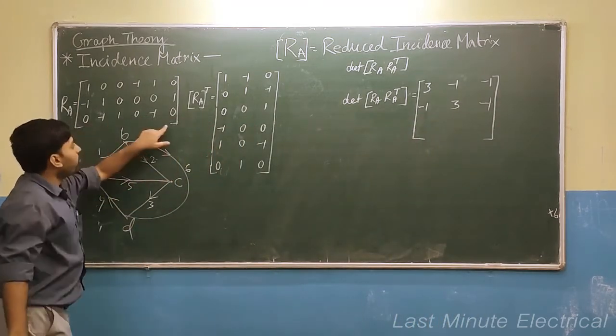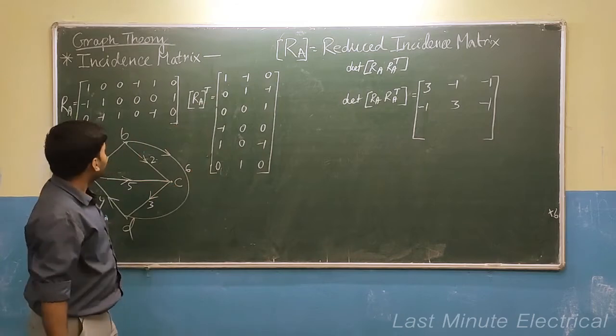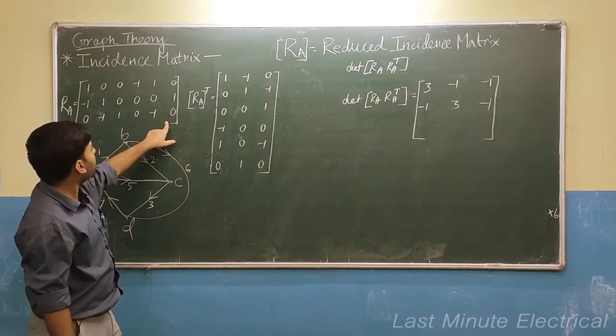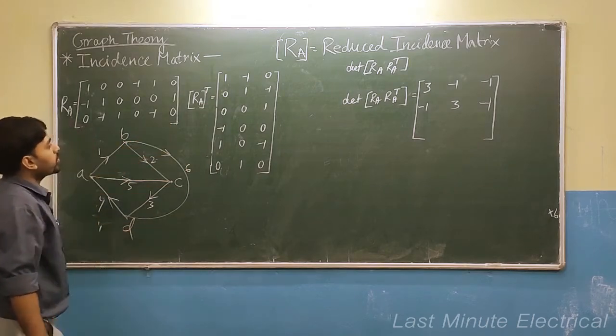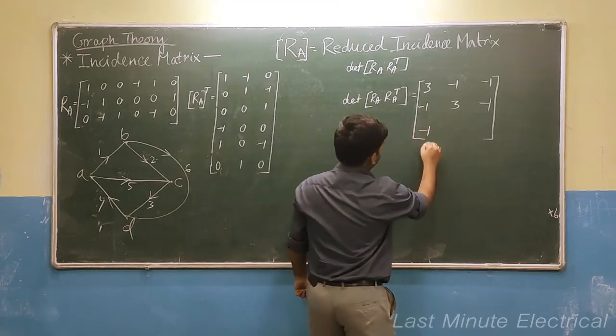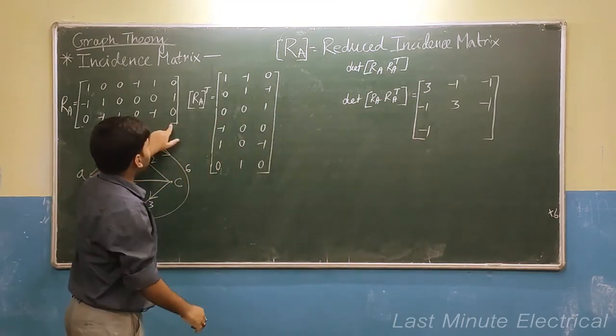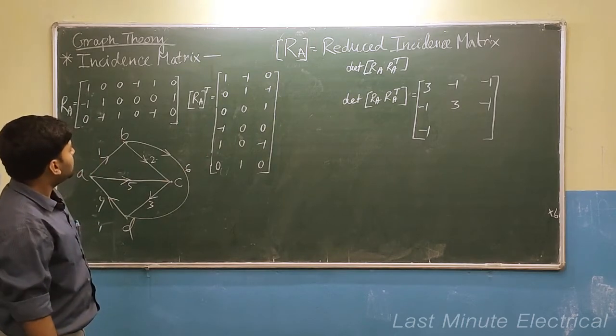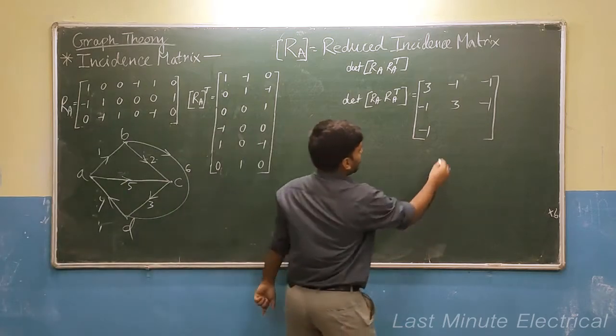Now third row, first column, it will be minus 1. Third row, second column, it will be again minus 1.